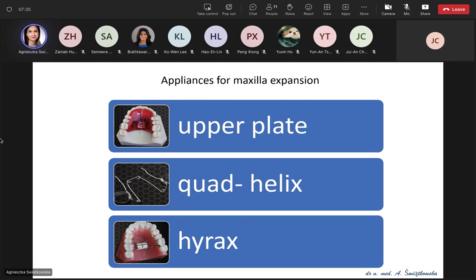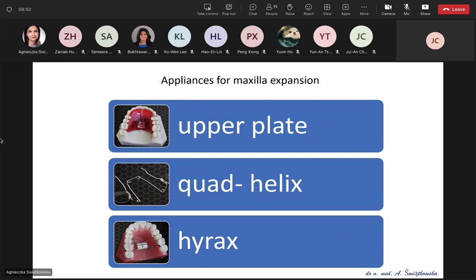For example, if we have a younger patient, up to 10 years old, we can use removable appliances for expansion, like an upper plate with a screw in the middle. You should know that if we activate the screw one time, we achieve 0.2 millimeter expansion.